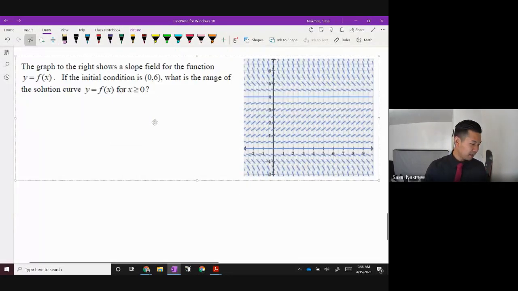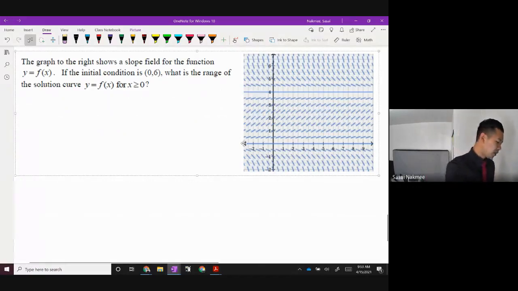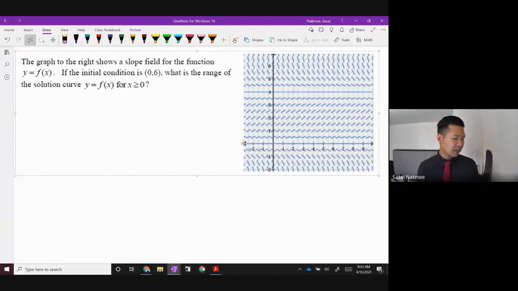Okay. So let's take a look here. The graph to the right shows a slope field for the function y is equal to f of x. Understand what's being said there. This is the slope field for some original function y is equal to f of x. We don't know what dy dx is. We don't know what f of x is. We don't know what the function is.